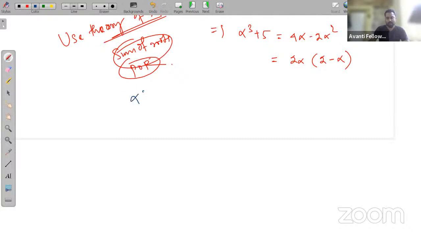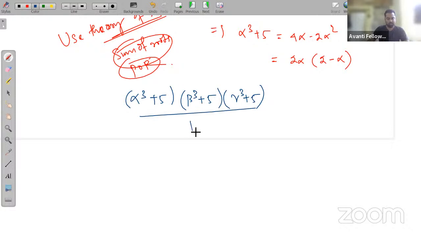We need the product of alpha cube plus 5, beta cube plus 5, and gamma cube plus 5, upon 13 alpha beta gamma.